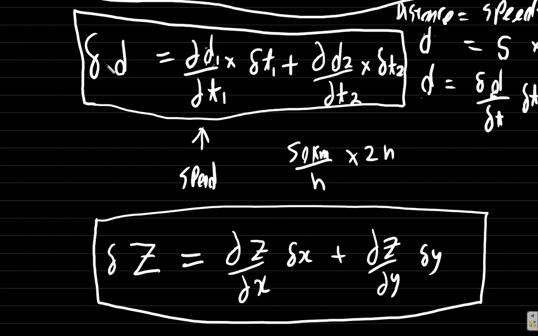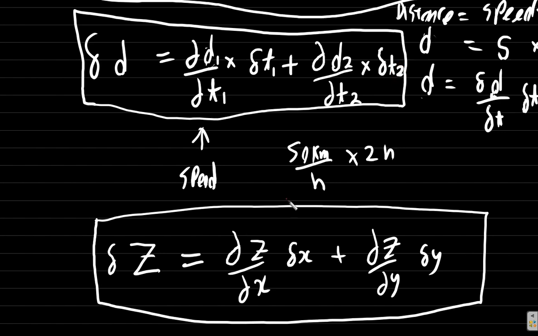It's just like how you have a small, well, in reality it might be considered a large change, but let's consider it small for now. A small change in distance is the speed at which you travel in the first leg of the journey, times the time you take, plus the speed at which you travel in the second leg of the journey times the time you take in the second leg.